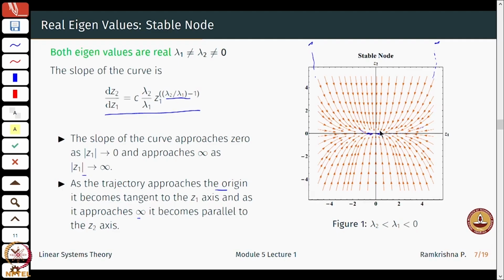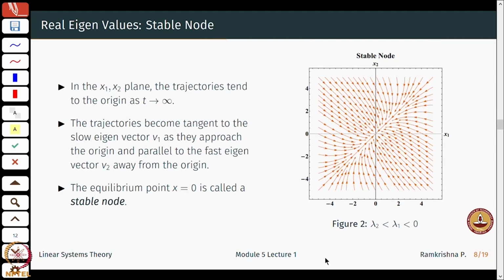Let us go back to the x1 x2 plane and check what is happening here. In the x1 x2 plane, the trajectories tend to the origin again as t tends to infinity. Now, we have eigenvalues with lambda 2 less than lambda 1 and both less than 0.